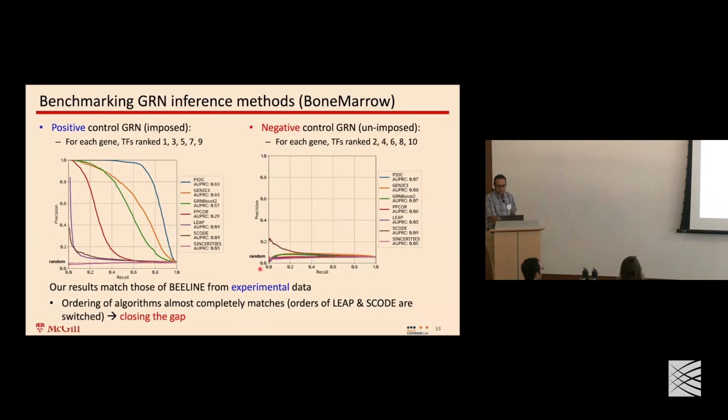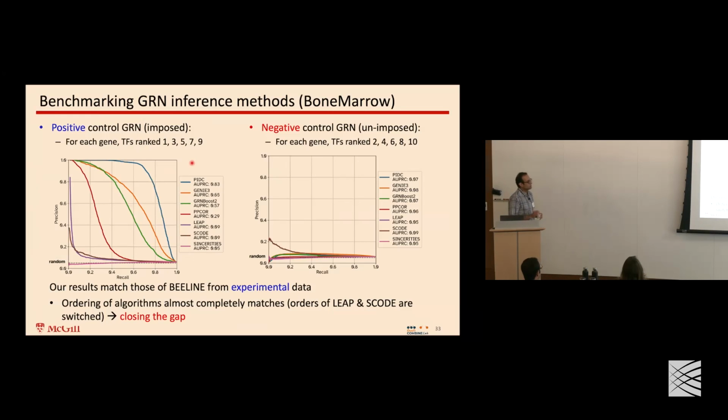So here you can see that, again, most of the models perform close to random for the unimposed edges, which is good, which is what we want to see. But we can see that there is a wide range of performances when we look at the imposed edges.